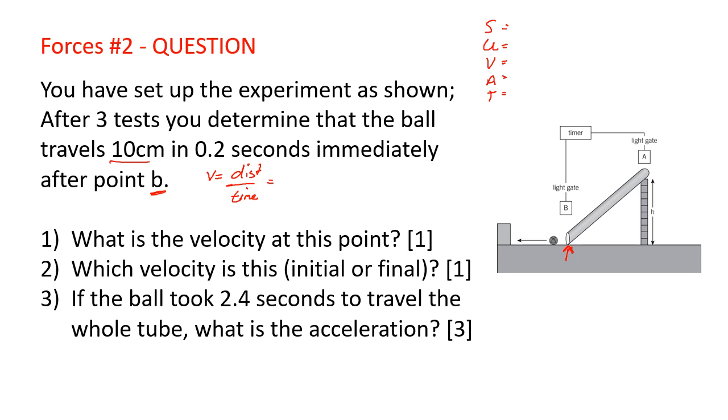So we need to change that to what? Meters. That's right, because we don't work in centimeters in physics, we work in meters. So our distance is 0.1. The time it takes us is 0.2.